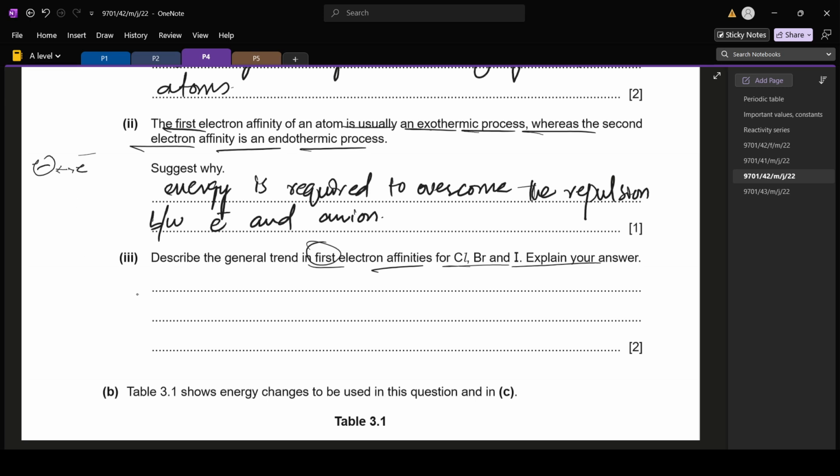It decreases down the group, less negative or less exothermic down the group.